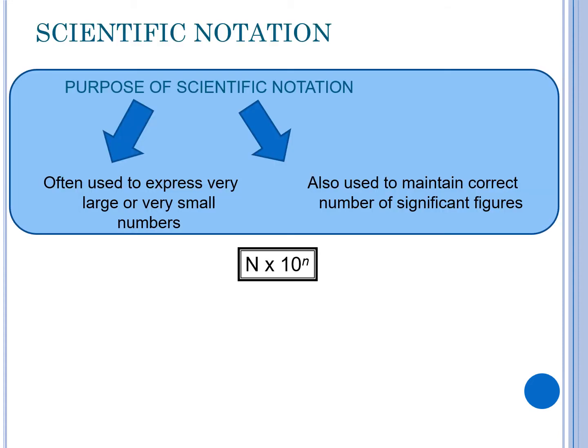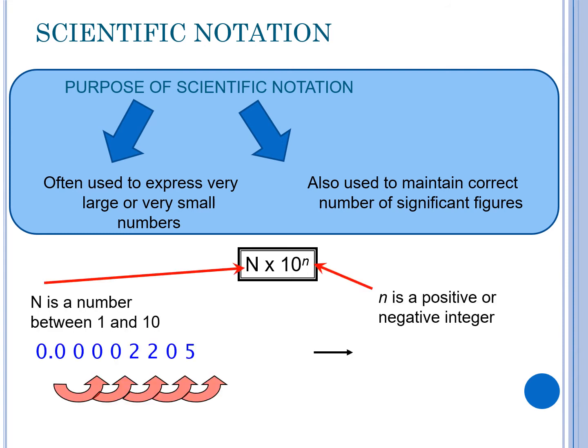The purpose of scientific notation is often to express very small or very large numbers. We saw before how to convert a small number into times 10 to the minus 5.